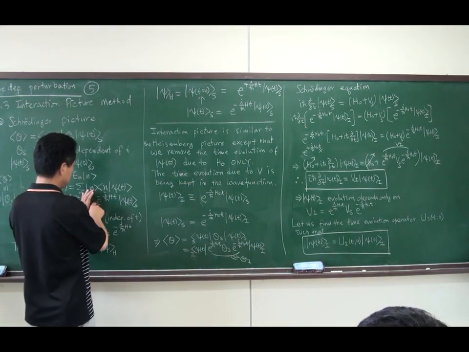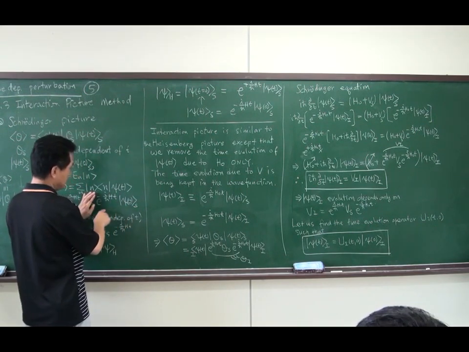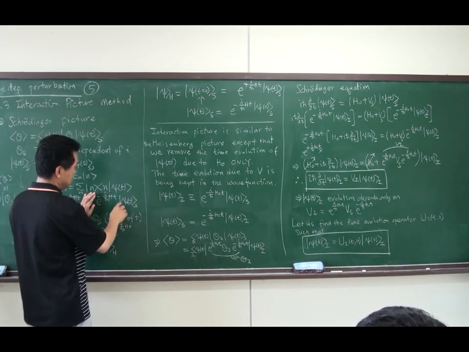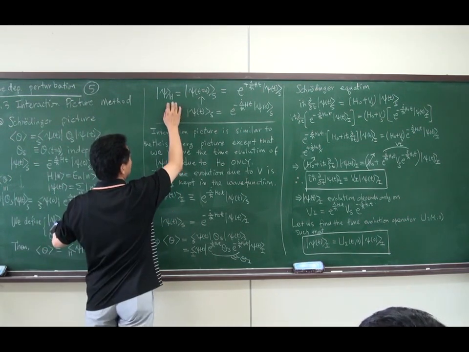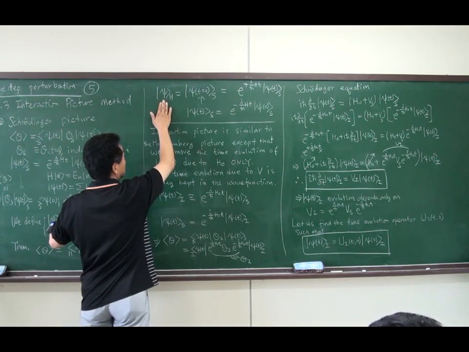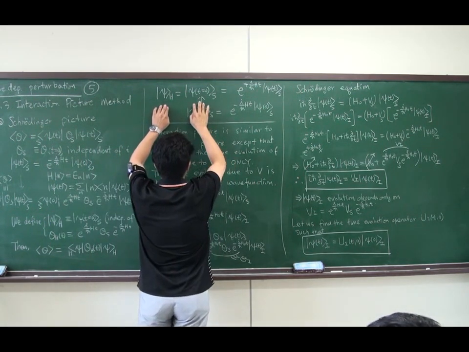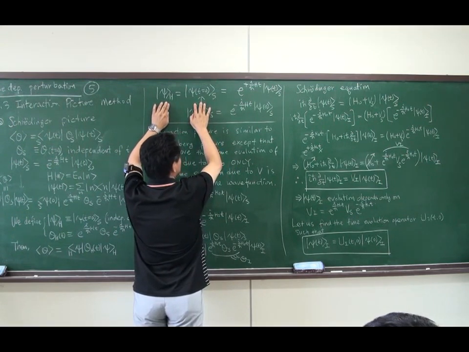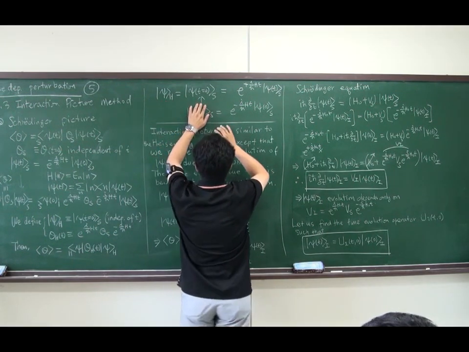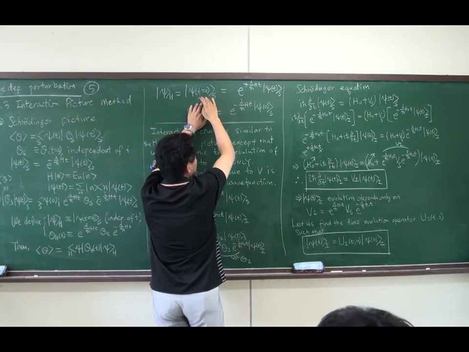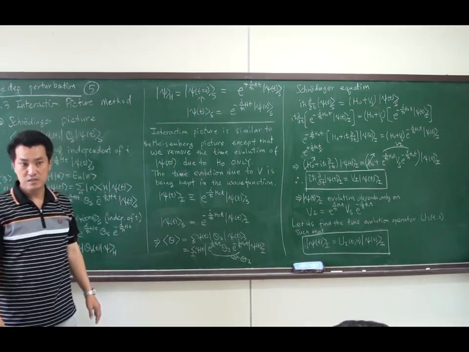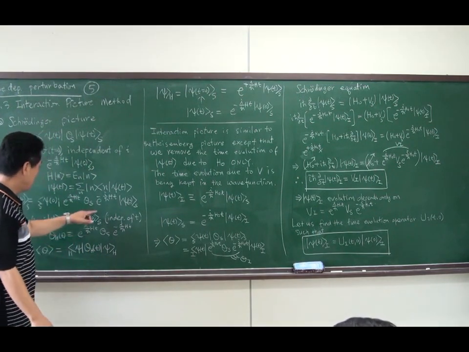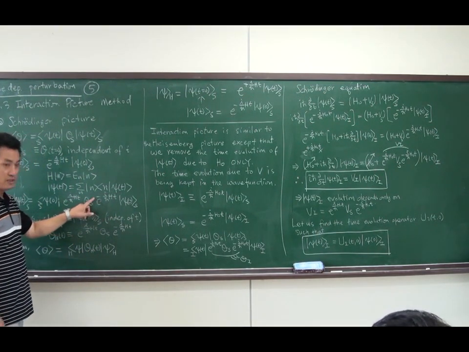So this was the Schrödinger picture's state, and this is the Schrödinger picture's state at t equals 0. If I want to obtain the Heisenberg picture, it is exactly the same as the Schrödinger picture only at t equals 0. That means I have to kill the time evolution effect that appears in the state at t not equal to zero. That was this exponential with negative sign.